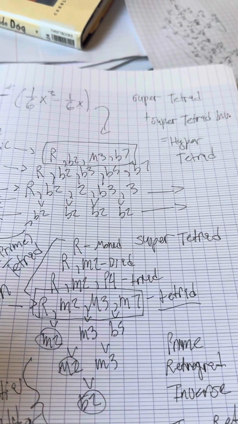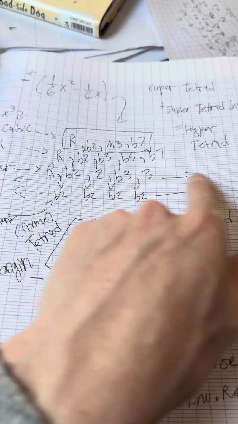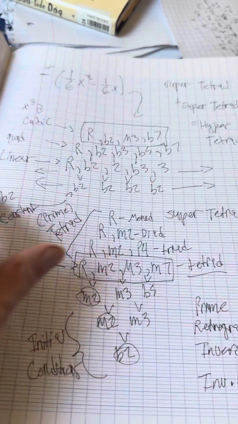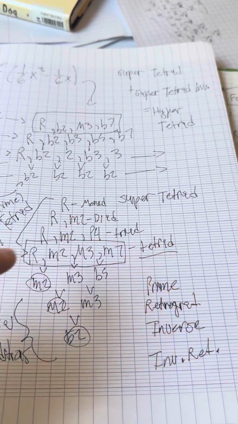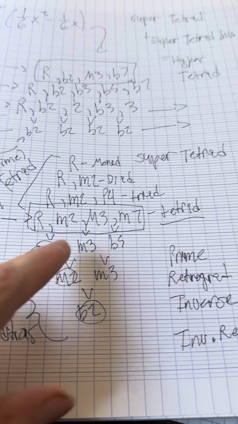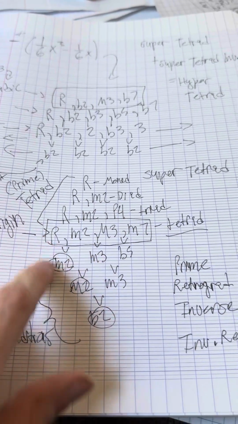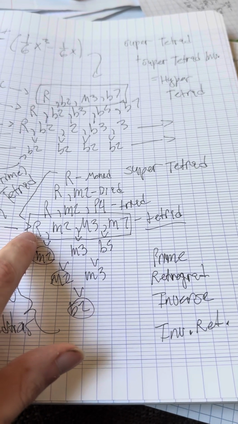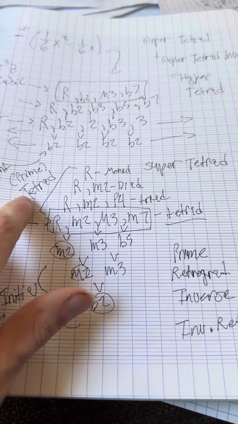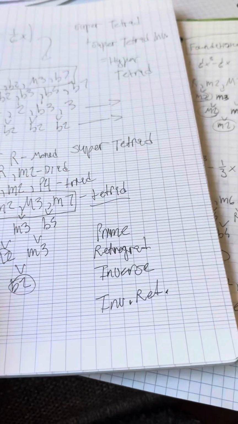And another important note from this page is that these are going to extend infinitely in either direction according to this sequence. So a super tetrad is just our classic Greek tetrad structure with the derivative. And then when we have our prime super tetrad and our inverse super tetrad, we get a hypertetrad.